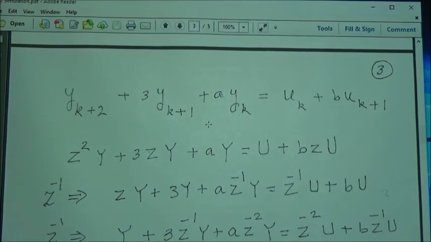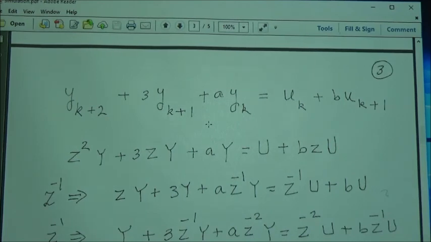So again, let's take a z transform of this equation, assuming no initial conditions. So this becomes z to the minus 2 plus 3z times y of z plus a times y equals u plus b times z times u.